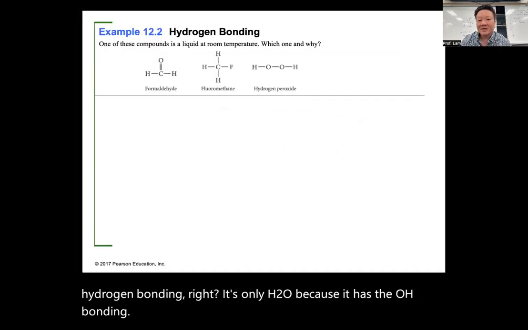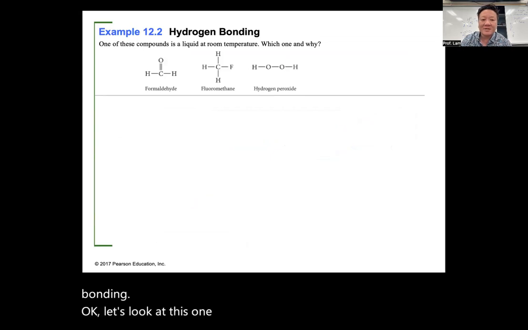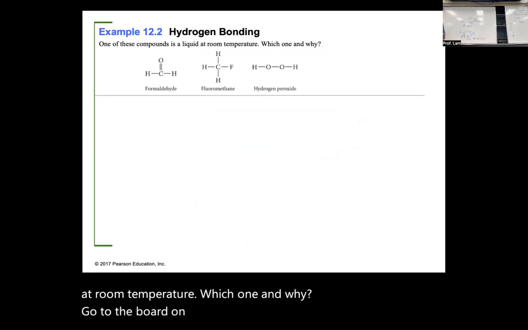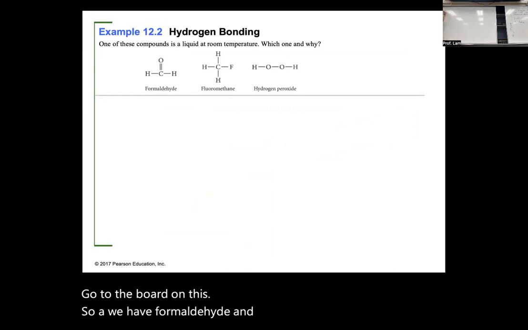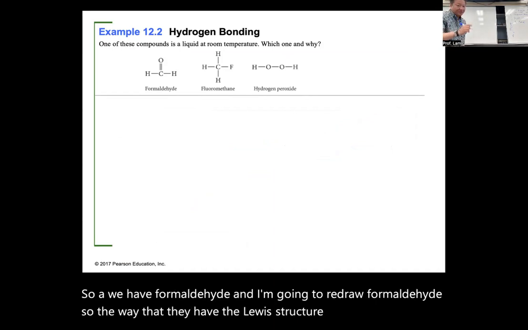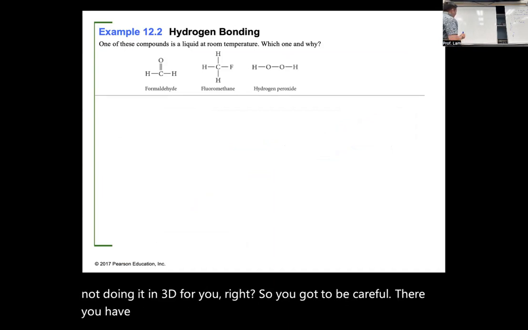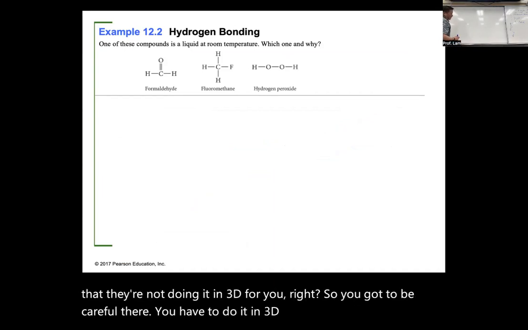Okay, let's look at this one. One of these compounds is a liquid at room temperature. Which one and why? All right. Go to the board on this. So A, we have formaldehyde, and I'm going to redraw formaldehyde too. The way that they have the Lewis structure, notice that they're not doing it in 3D for you, right? So you got to be careful there. You have to do it in 3D yourself.